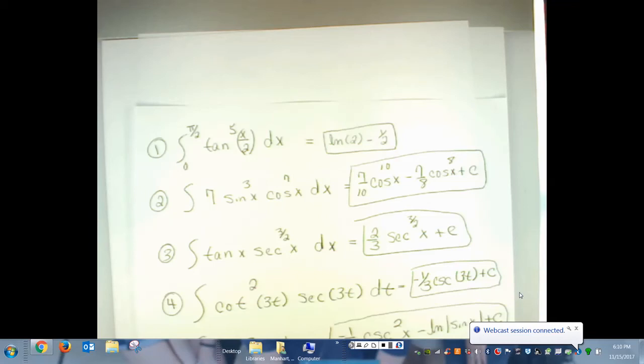This is actually one of my MyMathLab problems that a student experienced difficulty with, and I believe the student came to office hours, and we looked at the problem together. So working in your MyMathLab, you may see a similar problem.